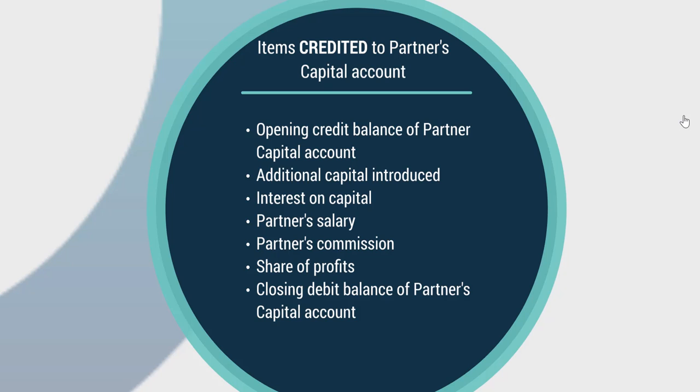It starts at the beginning of the accounting period with the opening credit balance of the partner's capital account as by balance brought down, additional capital introduced, interest on capital, partner's salary, partner's commission, share of profits, and it ends with the closing debit balance of the partner's capital account.